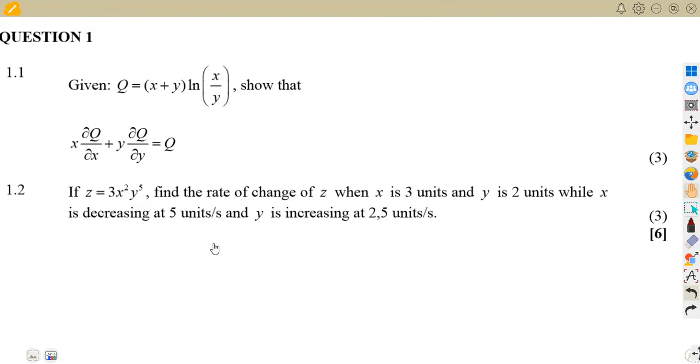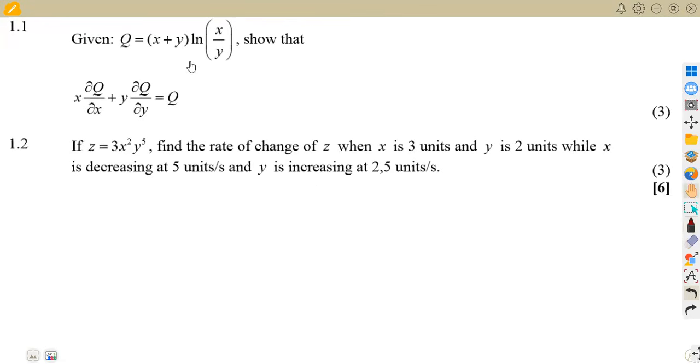On 1.1, we're given Q is equal to this expression. This is the expression for Q, which is x plus y, like this, into the ln of x over y.